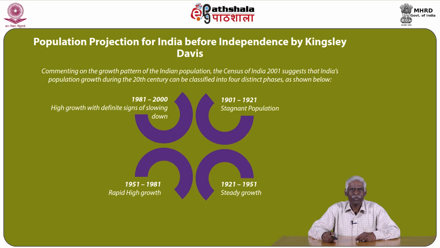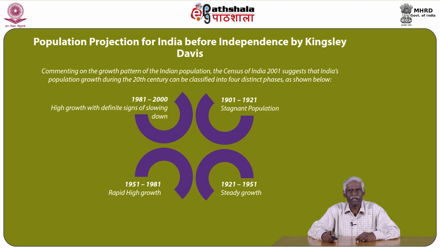While commenting on the growth pattern of the Indian population, the census suggests that India's population growth during the 20th century can be classified into 4 distinct phases: stagnant population, which refers to 1901 to 1921; steady growth, 1921 to 1951; rapid high growth, 1951 to 1981; and high growth with definite signs of slowing down, which started from 1981.